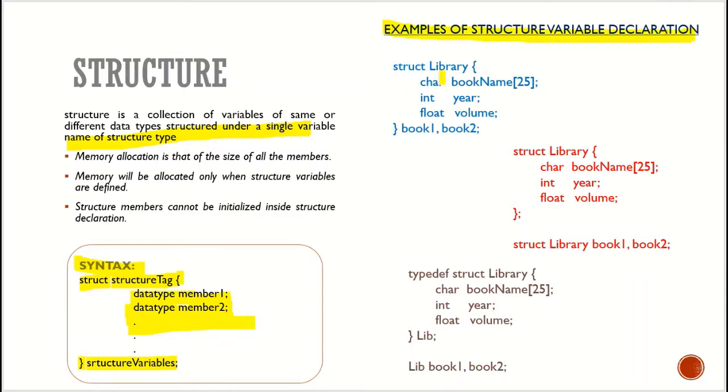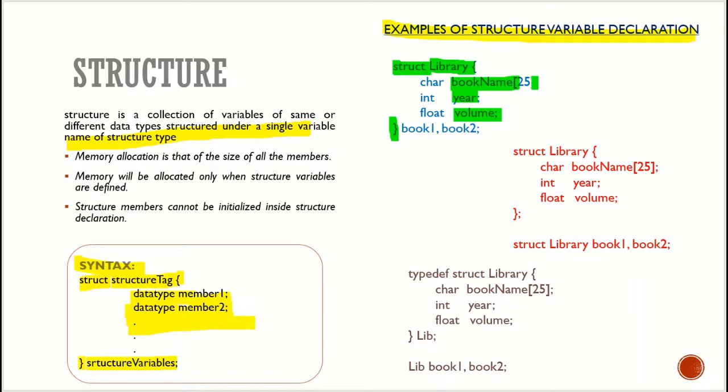These are the examples of structure declaration and structure variable definition. The structure library is declared here. Struct library. Struct is the keyword, library is the tag name of the structure, and within these two curly brackets three members are declared: book name, year and volume of different data types.